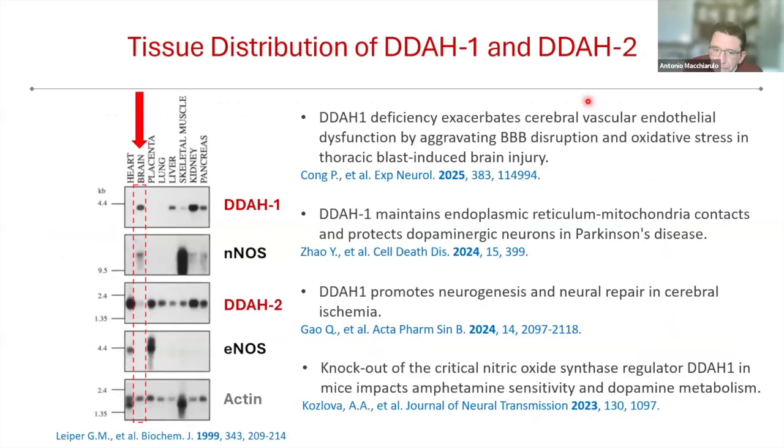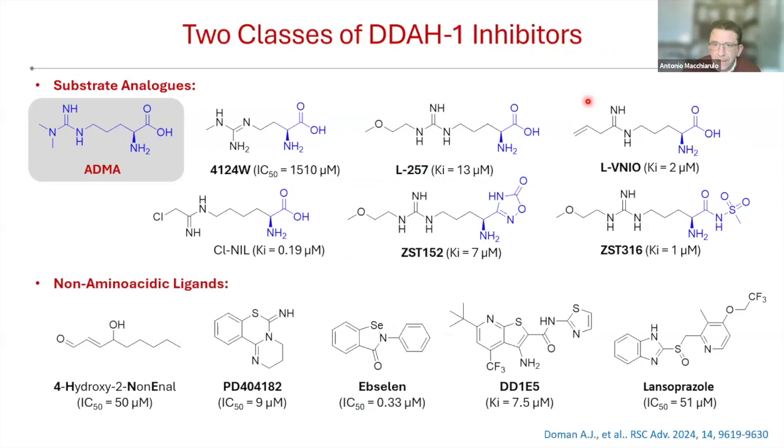More recently, building on early works in which some researchers highlighted a specific expression of the DDAH1 isoform in brain, a number of papers have started investigating the role of DDAH1 in mediating neuroprotective roles in neurological disorders. So in the literature, there are actually two classes of DDAH1 inhibitors.